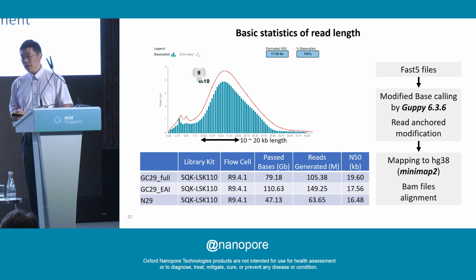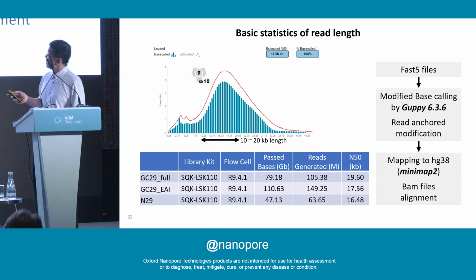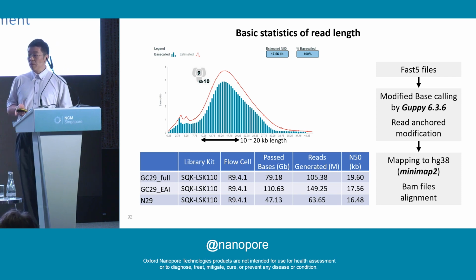That is a typical example of the basic statistics of the read length, about 10 to 20 kb, and we sequenced a gastric cancer organoid genome up to about 30x. Then we did base calling by Guppy and mapped to the human reference genome.